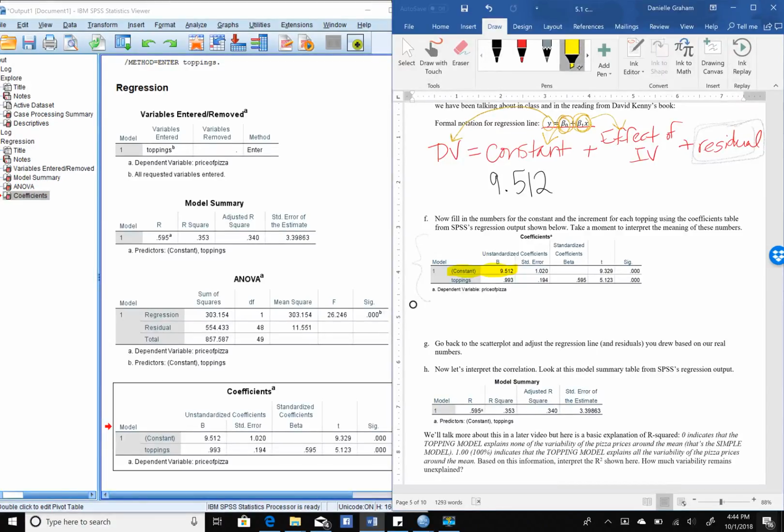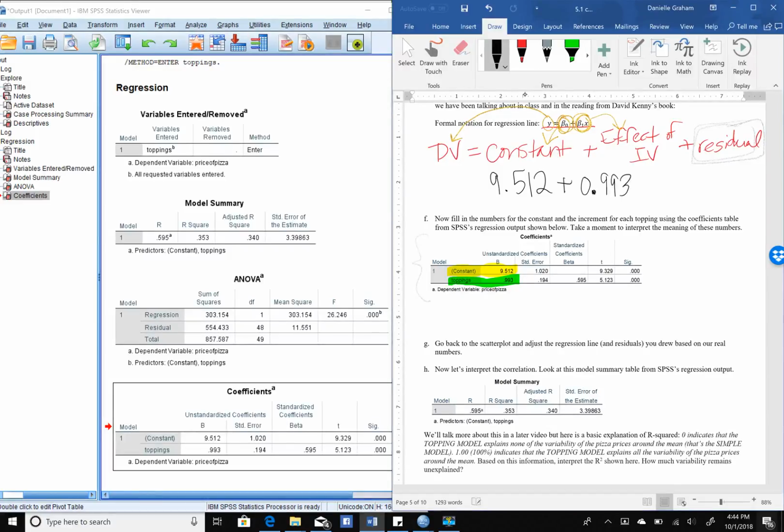And the other value we need from this table is right here. The B sub 1, we see the B, and then sub 1 is referring to our one independent variable, toppings. So then we can put this in, 0.993. You can put the 0 or not. Just make sure you get that decimal in there.